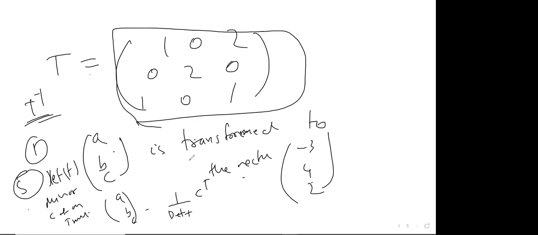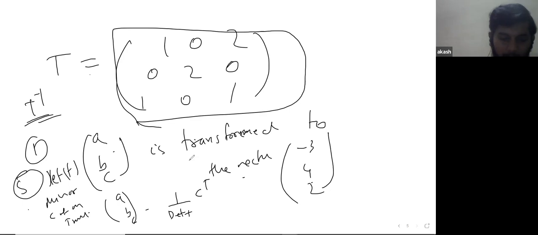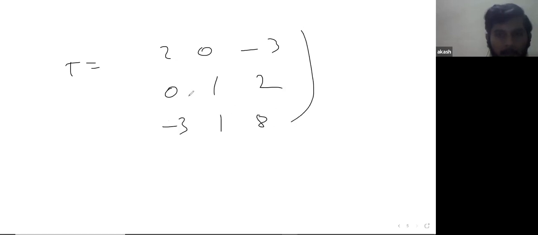Yes, sir. Okay. So let's do one question from the exercise. T equals 2, 0, minus 3, 0, 1, 2. This is a transformation matrix.